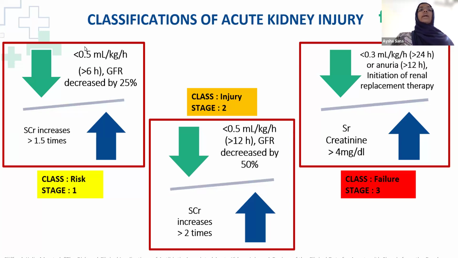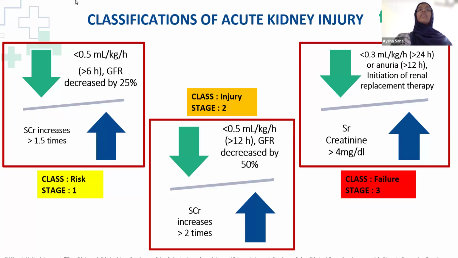That is, if a patient has urine output less than 0.5 ml per kg per hour for more than 6 hours, or if the GFR is reduced by 25%, and the creatinine is increased by 1.5 times, these patients are at increased risk of an AKI. So we have to dose the patients accordingly, or consider dose modification in those patients.